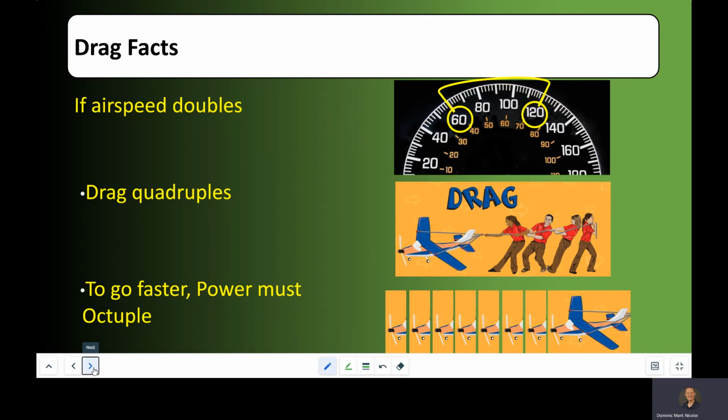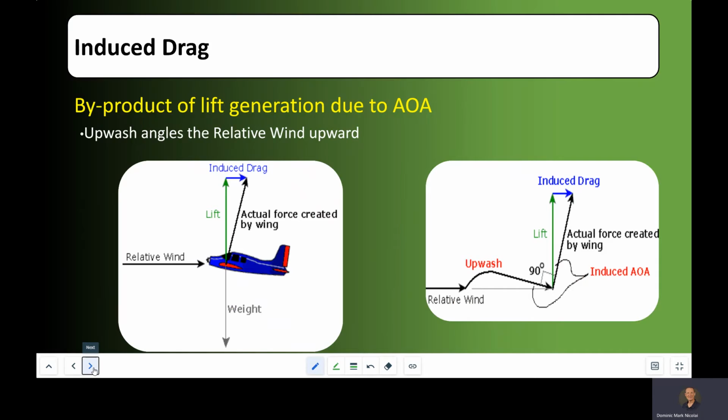All right, so that's a little bit on the drag. Let's talk a little bit more about induced drag. This concept of when I am slowing down and producing lift, I'm also producing a little bit of drag with it. When I take a peek on the left side here, I have a relative wind.